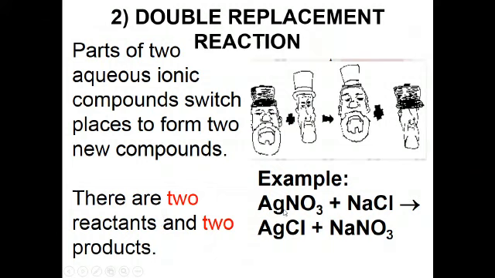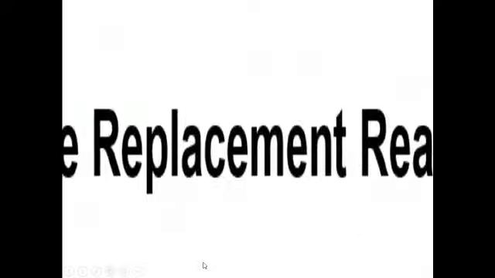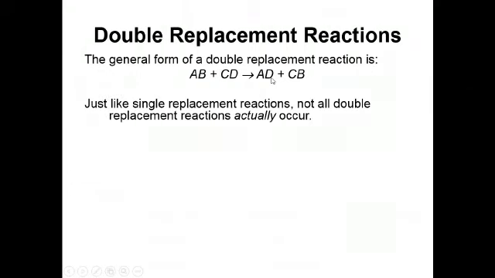For example, AgNO3 plus NaCl react together to give AgCl and NaNO3. Look at this figure. The general form of a double replacement reaction is AB plus CD gives AD plus CB.